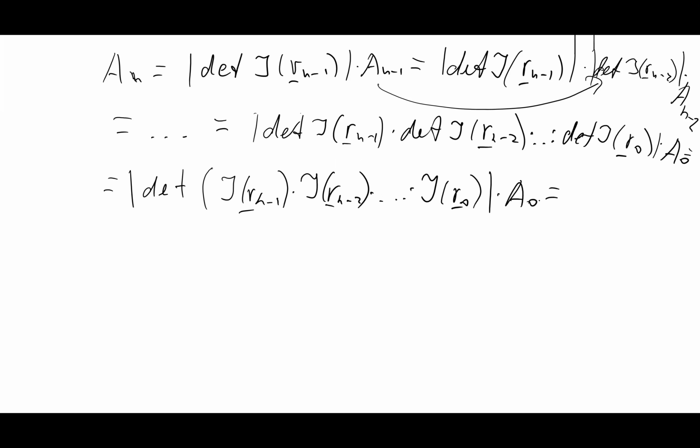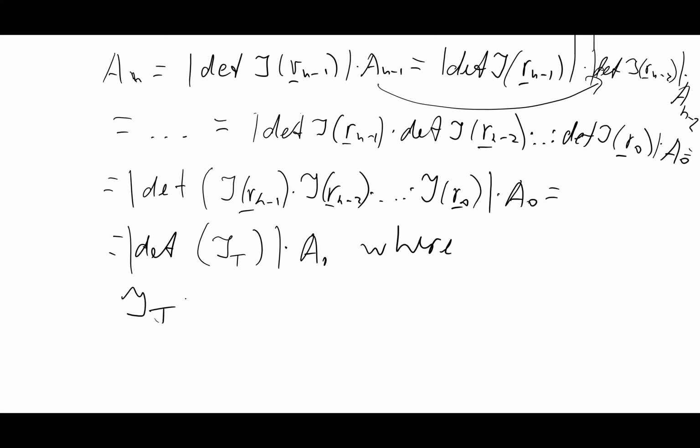Or we can put it like the determinant of some matrix, let's say J total, times A_0, where J total is the product of these Jacobians along the path.